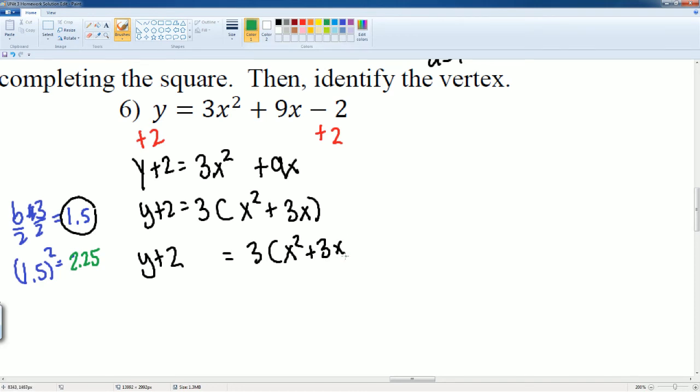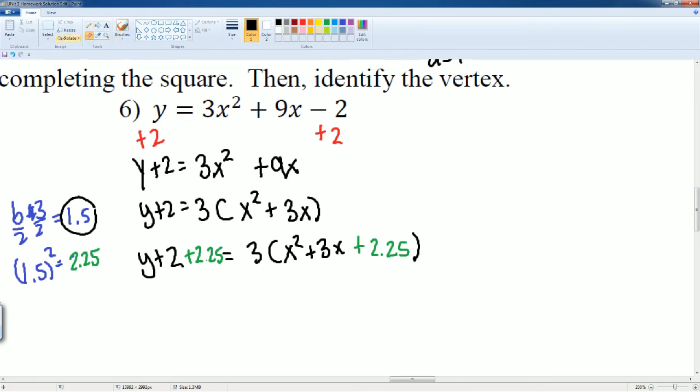Now remember, I'm going to add the 2.25 here. You think you're adding a 2.25 here. You're not. Because remember, do you see this 3 in front?